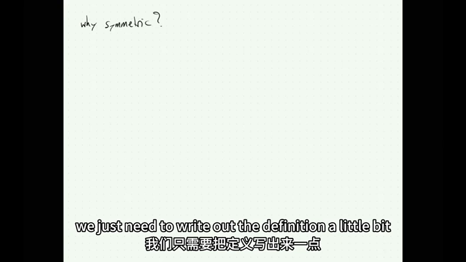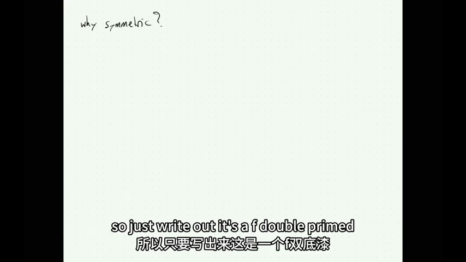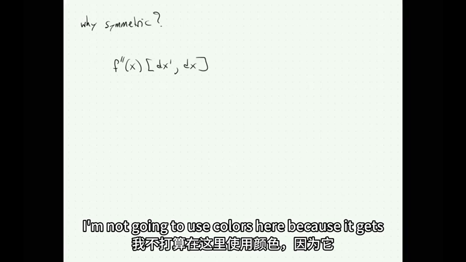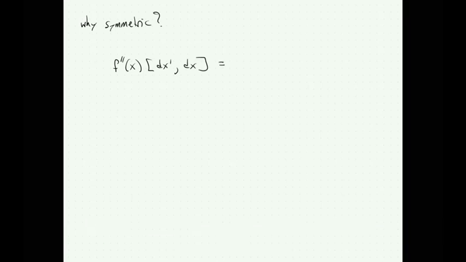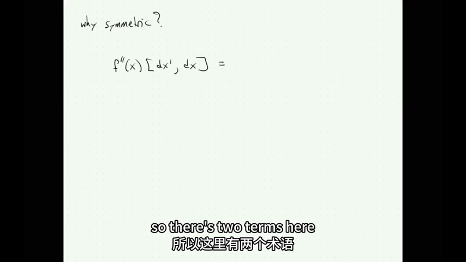And so we just need to write out the definition a little bit. So just write out f double primed of x, of dx prime, dx. I'm not going to use colors here because it gets too annoying to swap pens back and forth. There are two terms here.